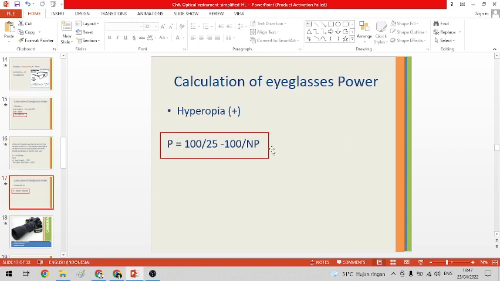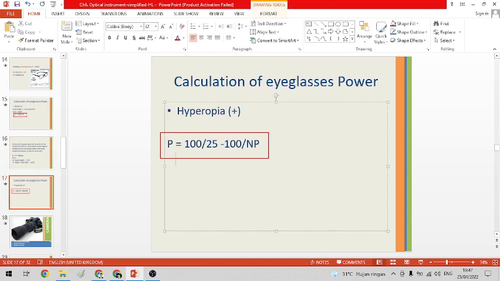Next, for the hyperopia or plus person, this is the formula: 100 divided by 25 minus 100 divided by near point. So for plus eyes, hyperopia, we use near point. If you wonder why this formula is so complicated, how do we get this formula? Basically it comes from the basic lens formula.